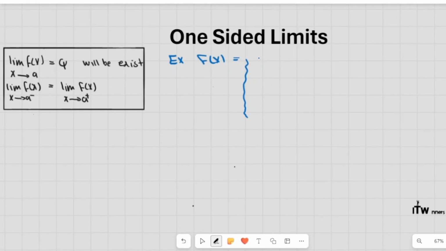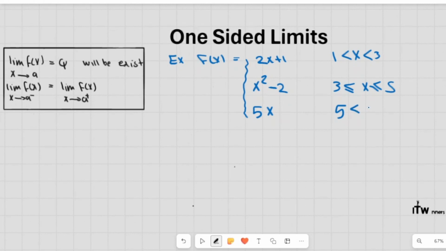So here f of x equal to 2x plus 1, and here x from 1 to 3, and here x squared minus 2 on the interval 3 to 5, here 5x on the interval 5 to 7.